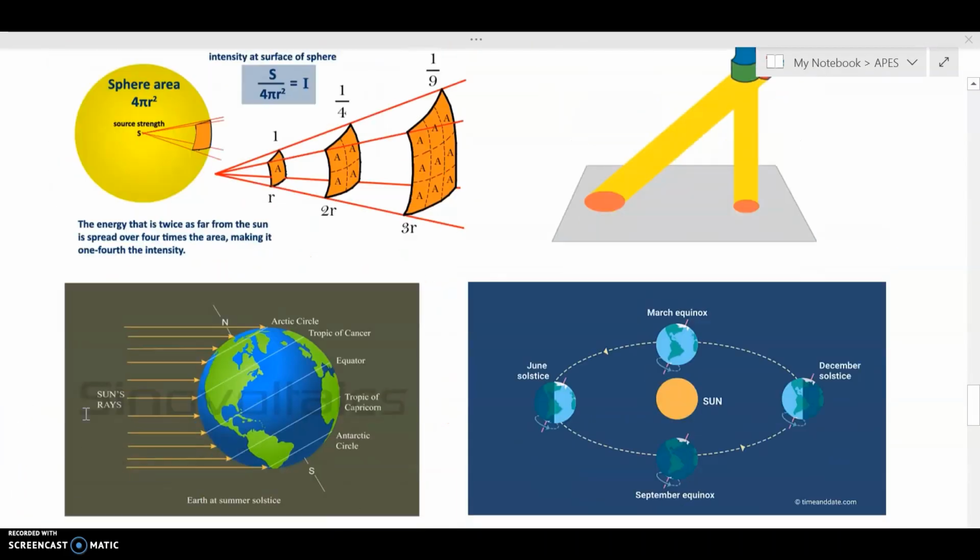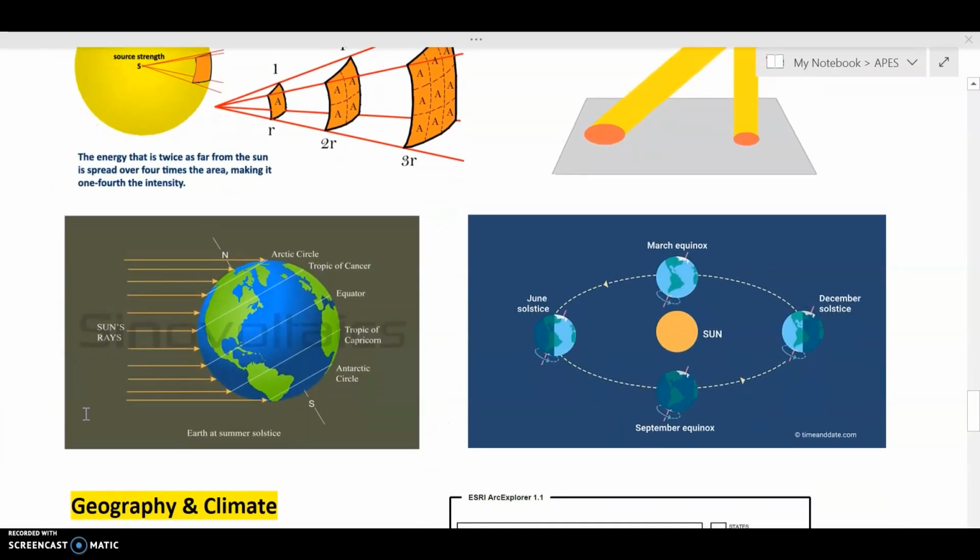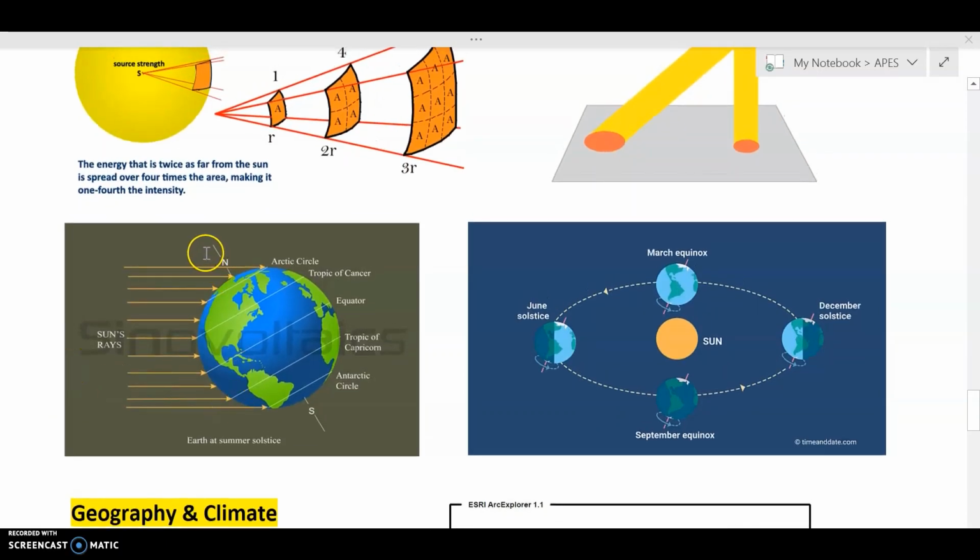So this all relates to the seasons of the Earth, and I say that because the Earth is tilted on an angle, and at different parts of the year, separate parts of the Earth are going to be in direct contact with the sun.